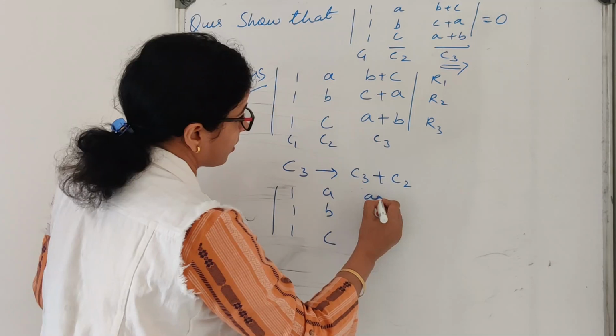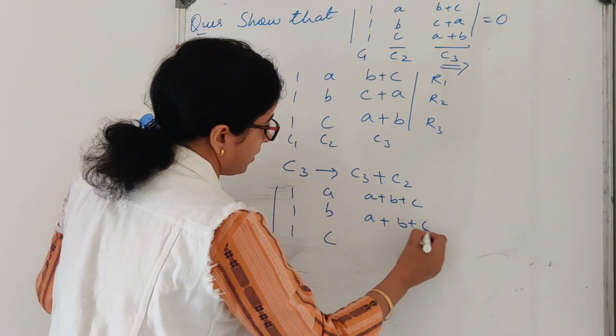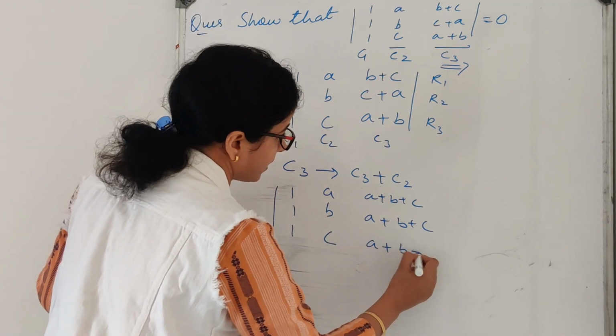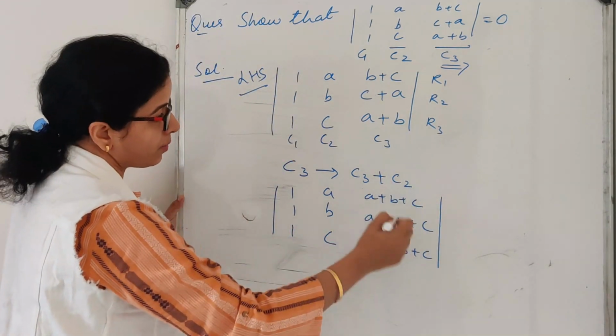So this will become a plus b plus c, a plus b plus c, a plus b plus c. Now I am going to take out common a plus b plus c.